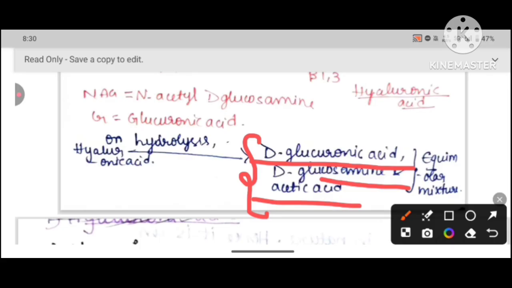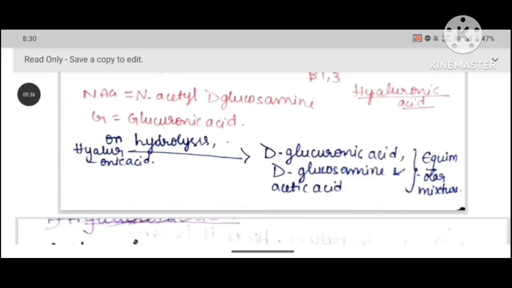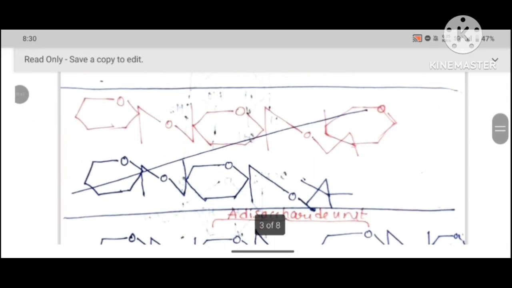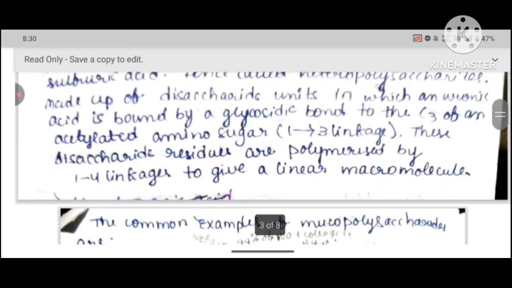So there is no single product; there is a mixture of units formed upon hydrolysis in the case of hyaluronic acid. So this is about hyaluronic acid.